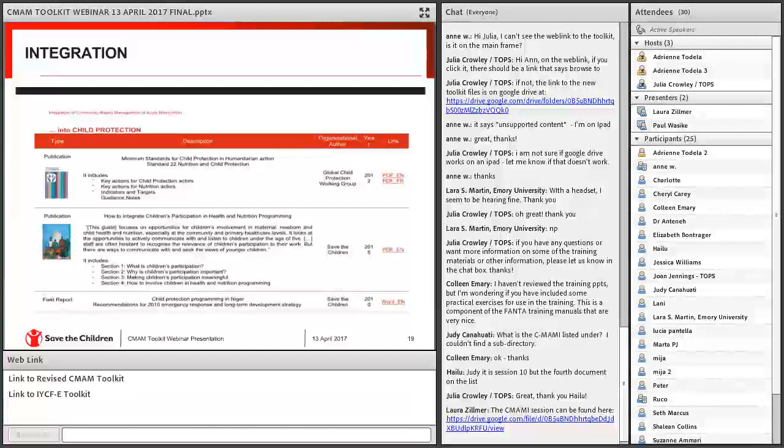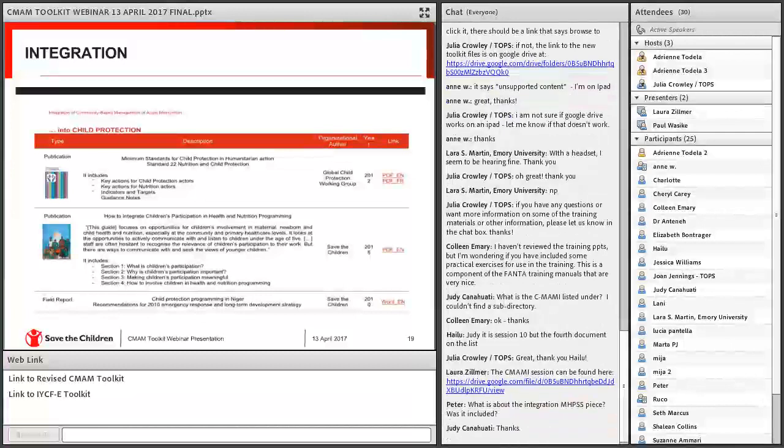In that particular one, there's a description of what is in it, and then there's the link to be able to access the entire publication. So if one looks into the summary of what is contained in that particular publication, then once they click on the link, they are taken straight to the document.